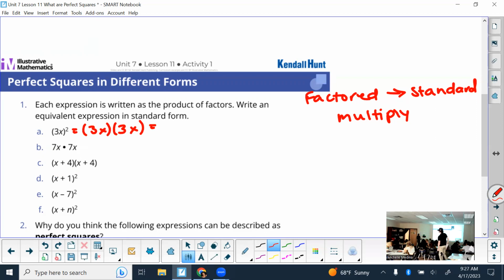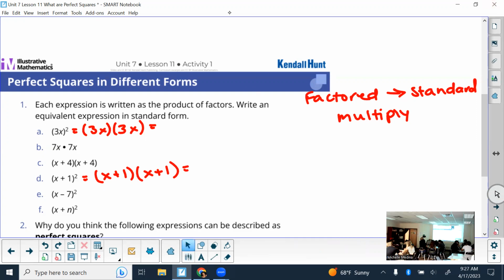For problems like B, you need to write it as x plus 1 times x plus 1, and then FOIL, or double distribute, whatever you want to call it. But you can't skip that step. So work out A through F, all you're doing is multiplying them out. That's how you get to standard form, is multiply them out, fully simplify them. Questions on that? Okay, I'll give you 5 minutes.